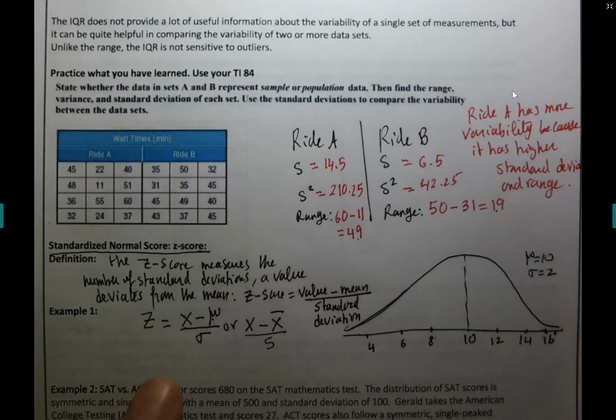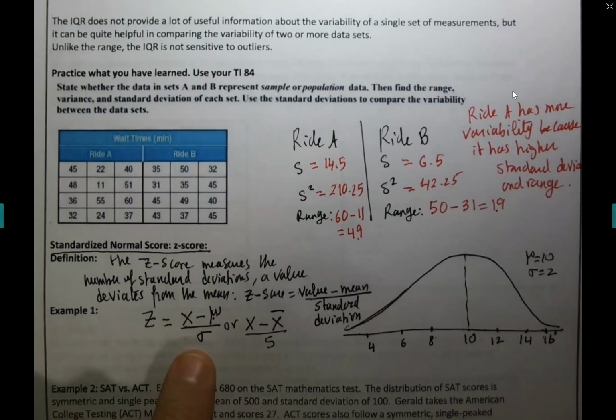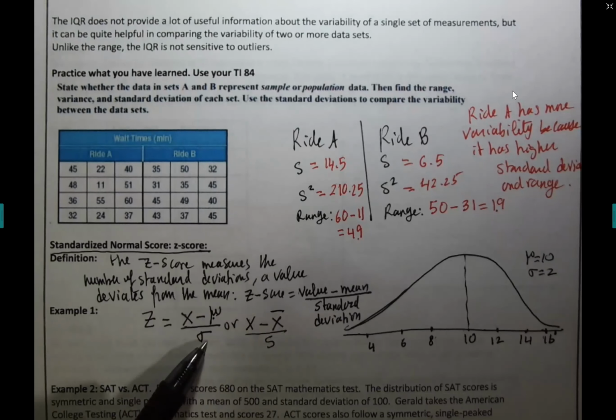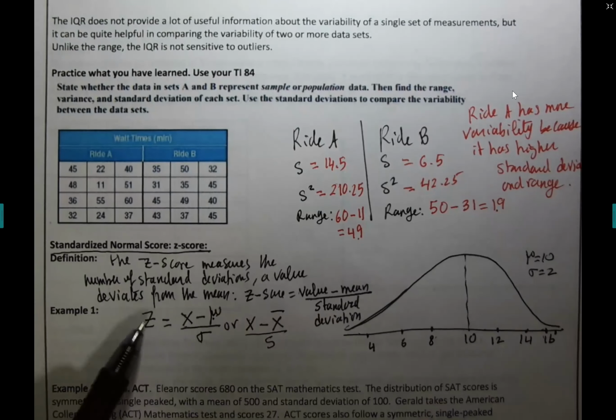And this is the formula for the z-score: the value minus the mean divided by the standard deviation. What you're going to see in the homework online is that he's going to give you the mean, the standard deviation, just like I did here, and some values, and ask you to convert them to z-scores.